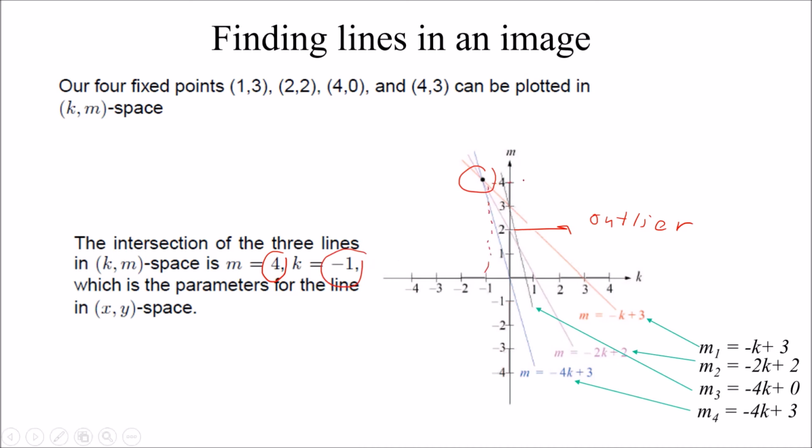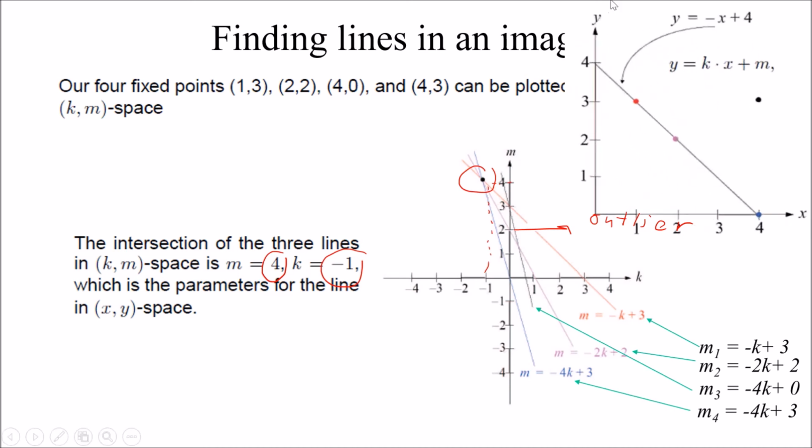If we utilize this back, we have m equal to 4 and k equal to negative 1. If you still remember, we have the equation y equal to kx plus m, which is our line equation in the Cartesian space. So we just need to plug this information back into this equation. So m equal to 4, k equal to negative 1, and you have the equation of line y equal to negative x plus 4.